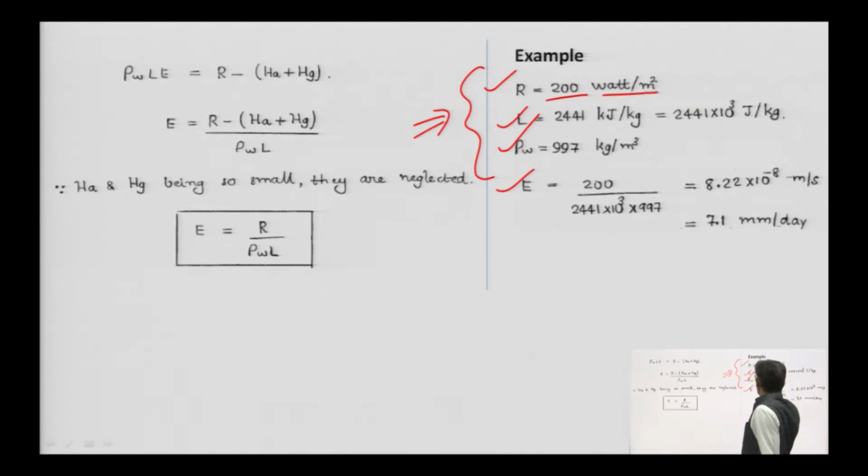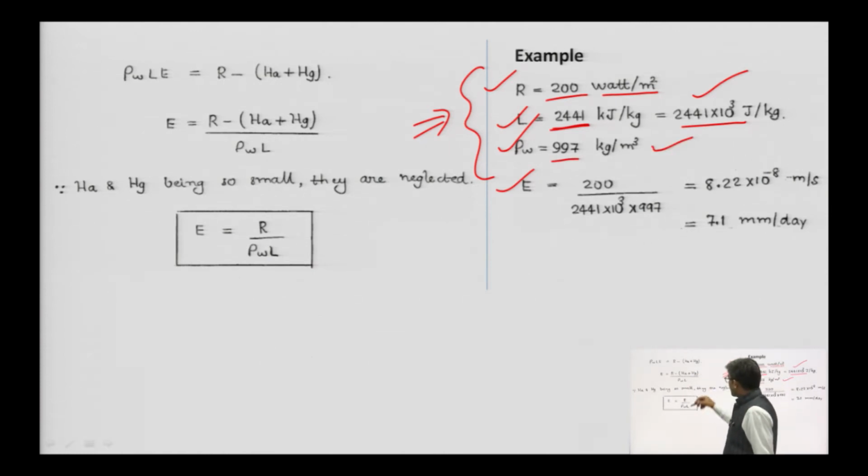Latent heat is a fixed quantity and rho w we know very well. By putting the values of R, rho w and L into this relation, we can calculate the value of evaporation.